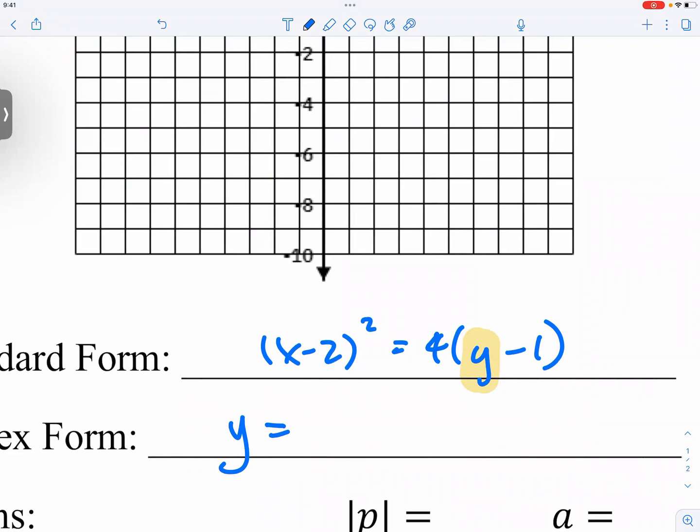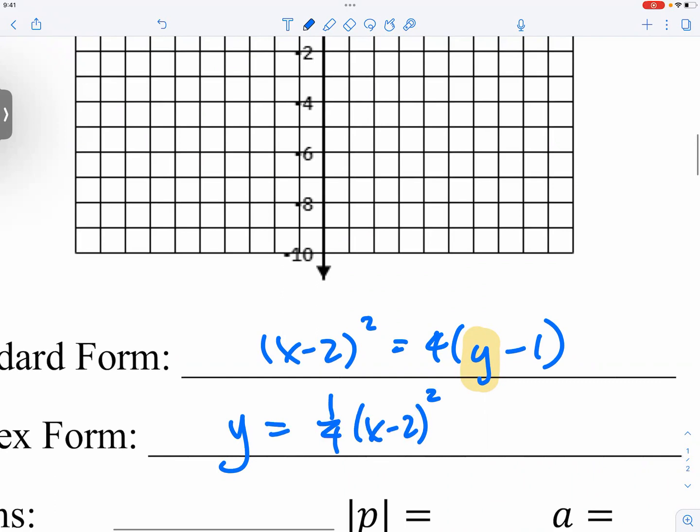If you want to solve for y, you need to get rid of 2 things. You need to get rid of the 4 and the -1. How do we get rid of the 4? Divide by 4, right? So next to x minus 2 squared, you have a 1/4. So we got the 4 away.